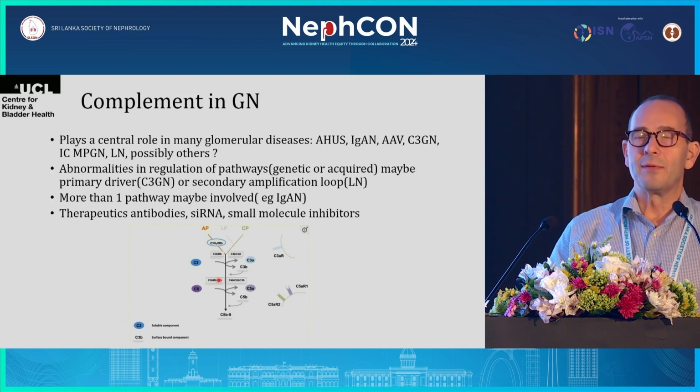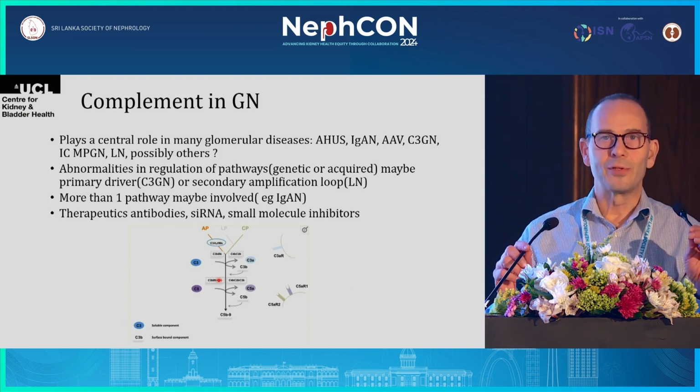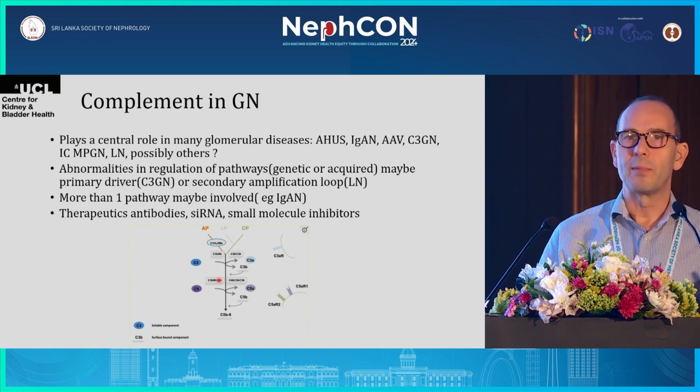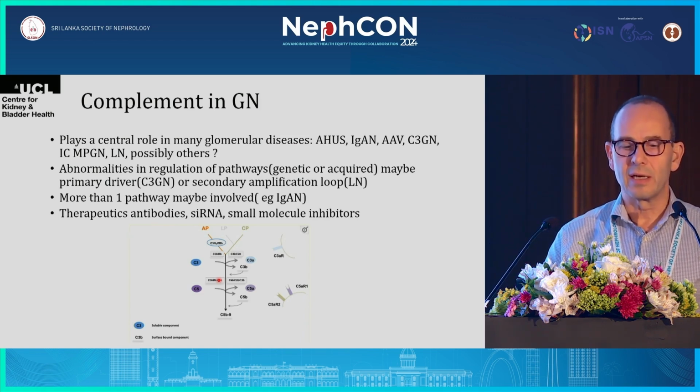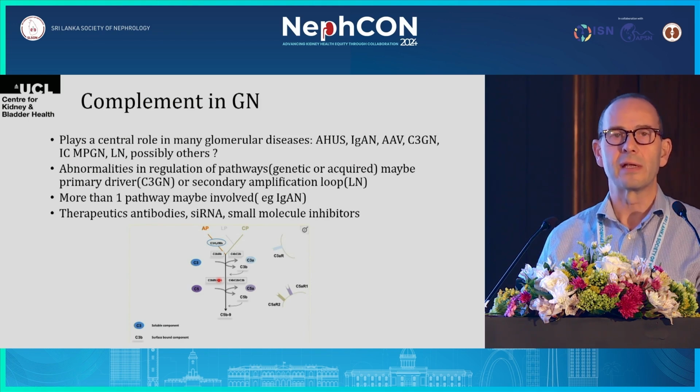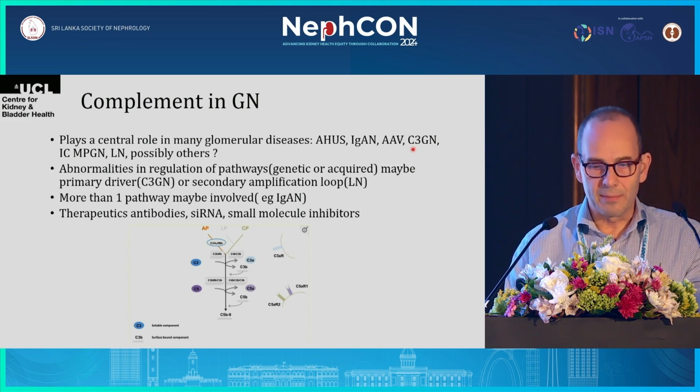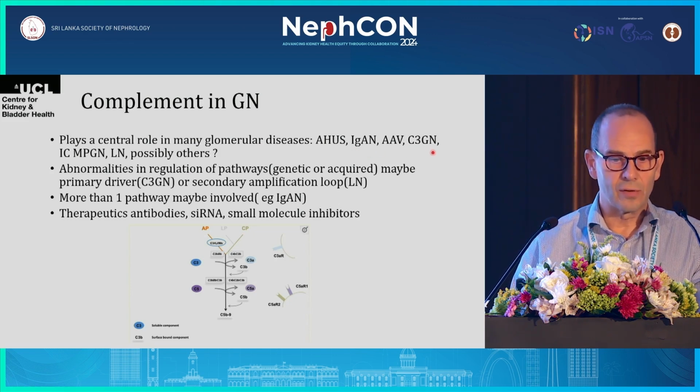So fast forward to what I'm meant to be talking about, which is complement and glomerular diseases. We've known for a long time from histopathological studies that complement is deposited in a large number of conditions. And I've named a few of them here. Atypical HUS, IgA, I'll come to ANCA in a minute, C3GN, obviously, lupus, and a number of others.